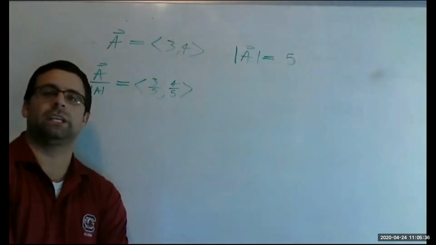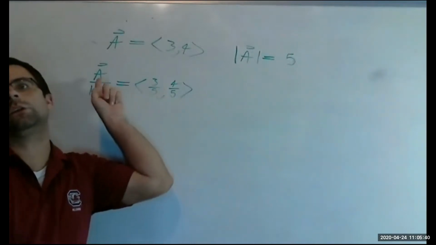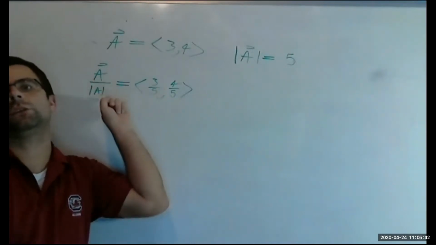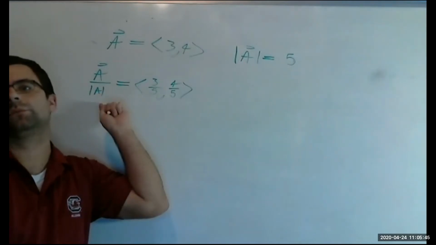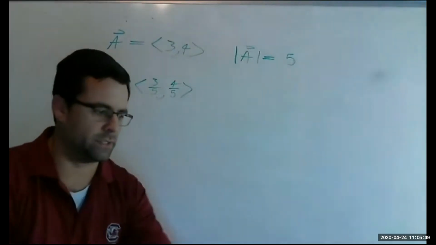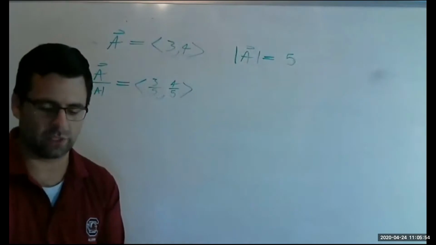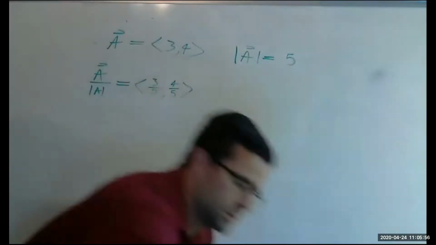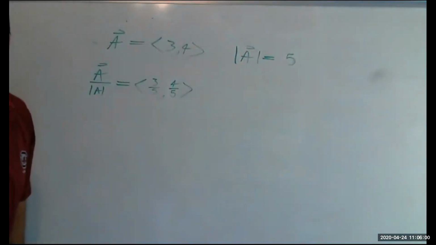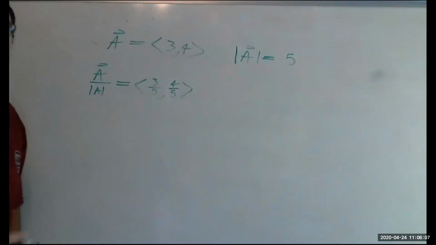And just for giggles, I divided that vector by its magnitude, and we get this thing. This thing is very important when it comes to talking about vectors. But first off, let's look at what the magnitude of this thing is.